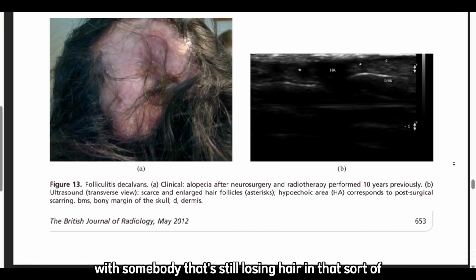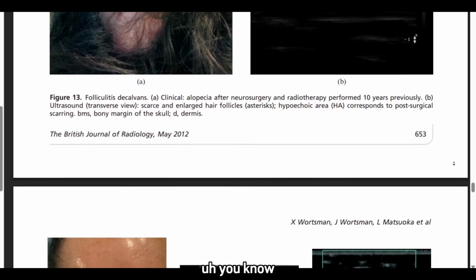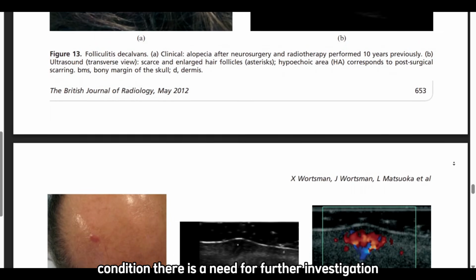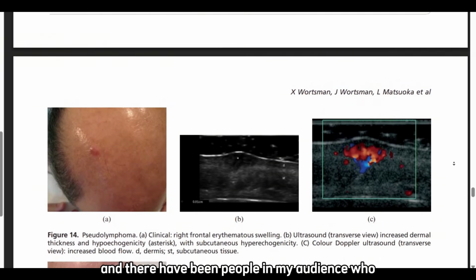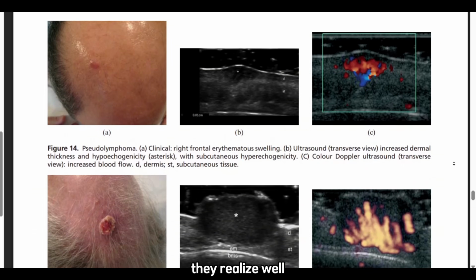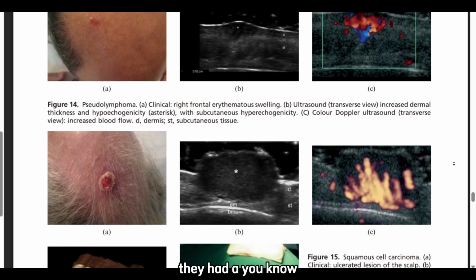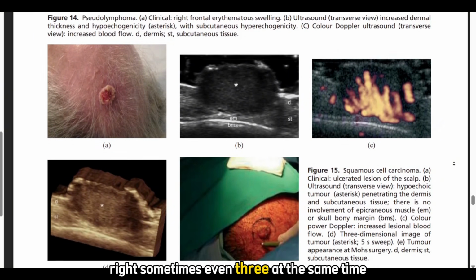So with somebody that's still losing hair in that sort of condition, there is a need for further investigation. And there have been people in my audience who, upon getting a scalp biopsy, realized they had a multitude of different alopecias, right? Sometimes even three at the same time.